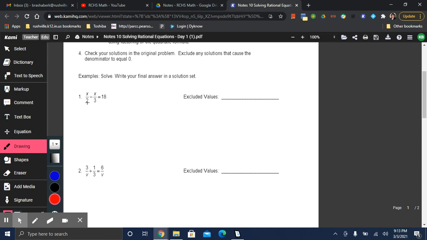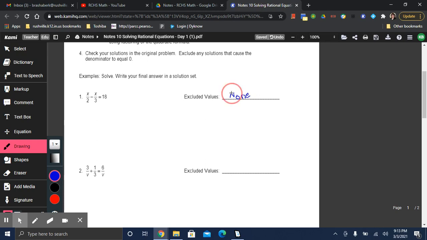But since neither one is a variable, we will not have that issue. So in this blank for excluded values, I'm going to put that we'll have none.